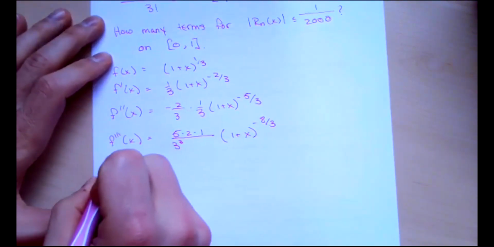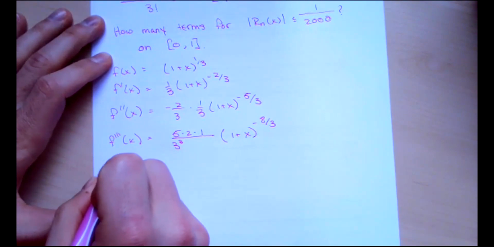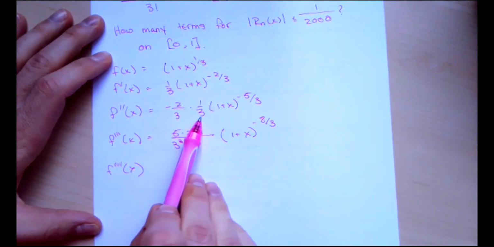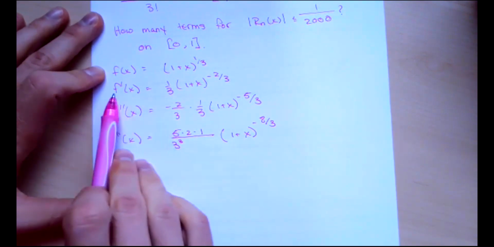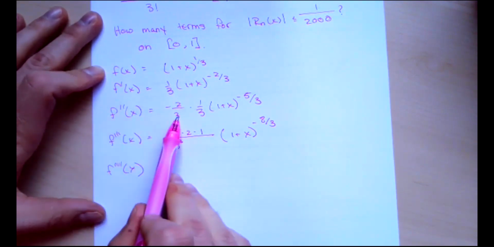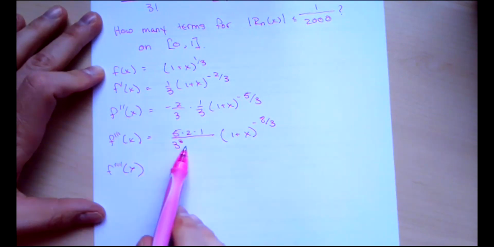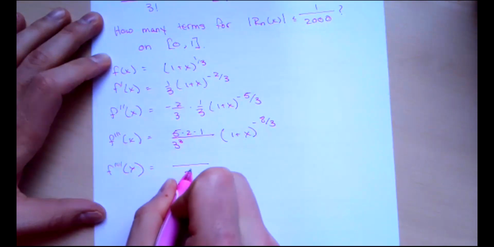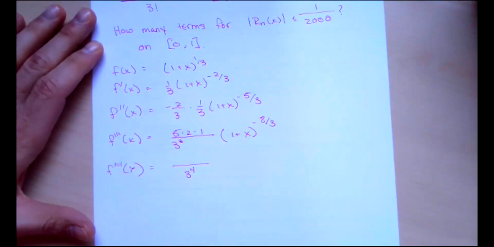So for example, if I take one more derivative, we can see what's happening in the denominator of the constants. One derivative, I have 1/3. 2 derivatives, I have 3 squared. 3 derivatives, I have 3 cubed. So that one's not too bad. My 4th derivative, I should have 3 to the 4th.